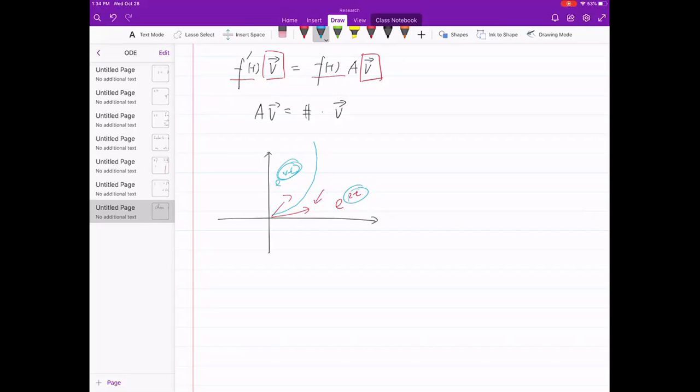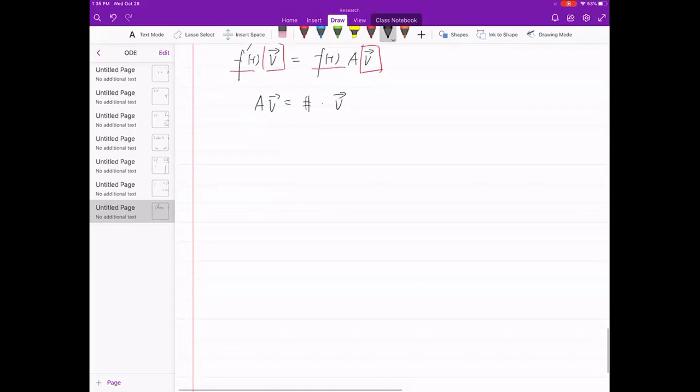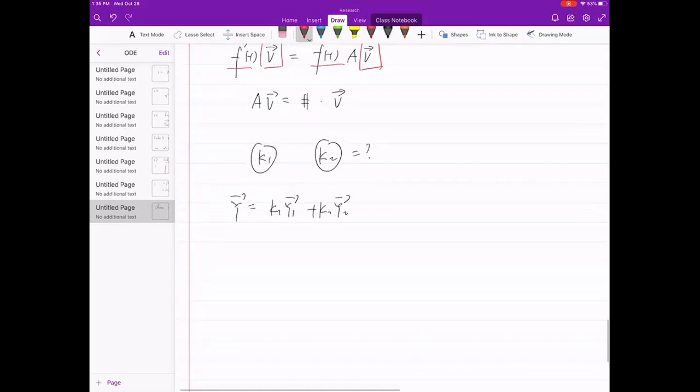Number two, for any initial value problem, what's going to happen? Well, you want to know what k1 and k2 are, right? But how do you do that? Every time you have a y which is k1 y1 plus k2 y2, where these two are straight line solutions, how do you know k1 and k2? k1 and k2 need to work for every t, so you just need to check the initial condition.